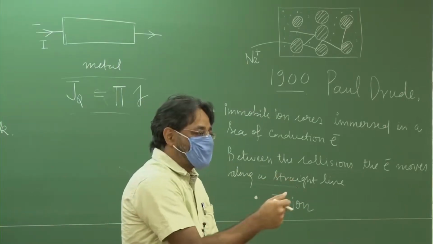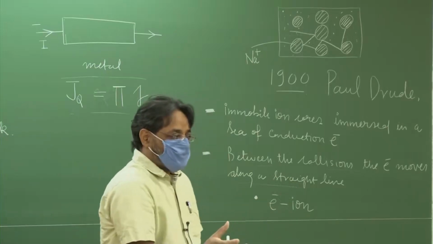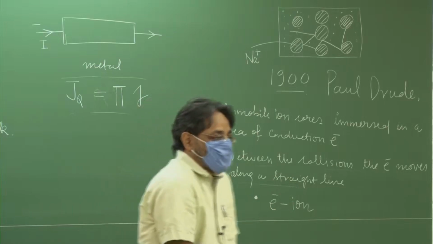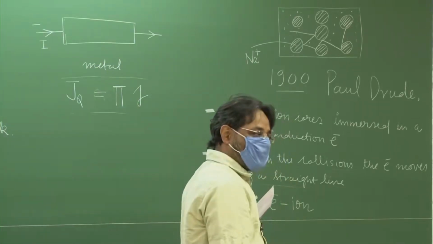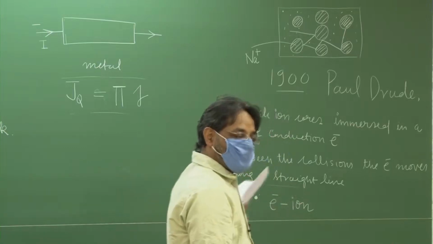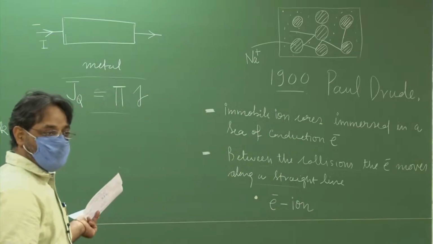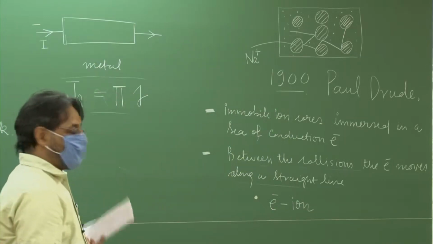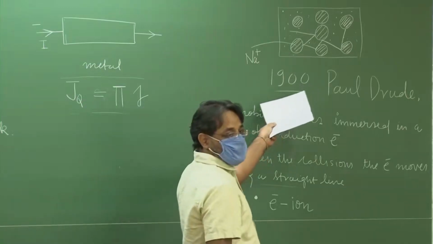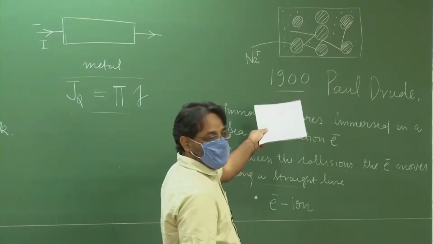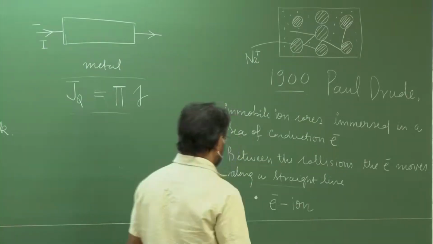But once the collision is done, the ion has no control on the electron. Now, you may say this is not correct. Well, this is just a model, right? You will see the weaknesses of this model also, but before that you will see the strengths of this model, and it's just 1900.